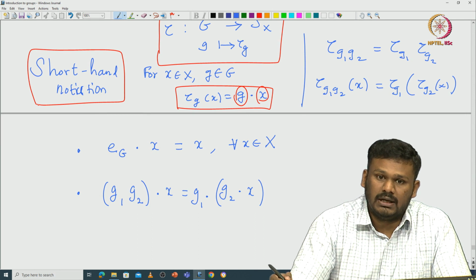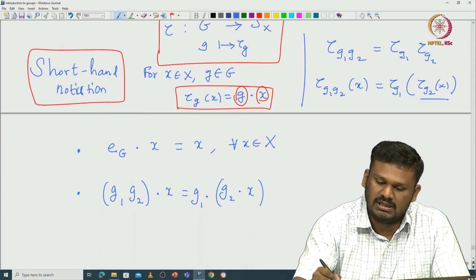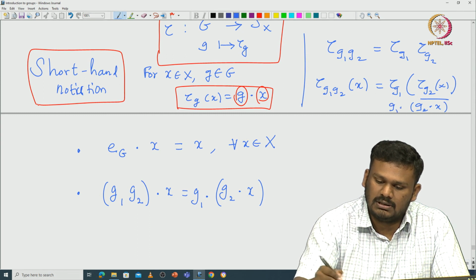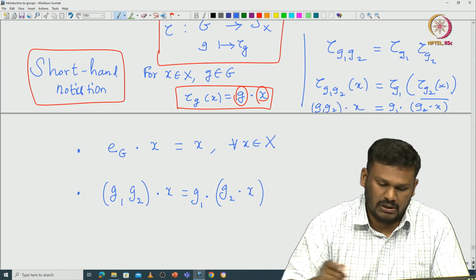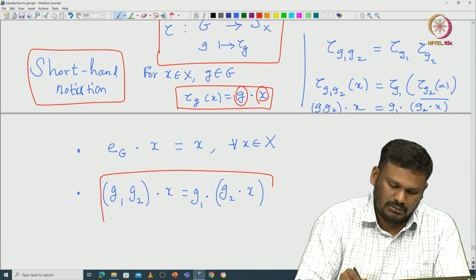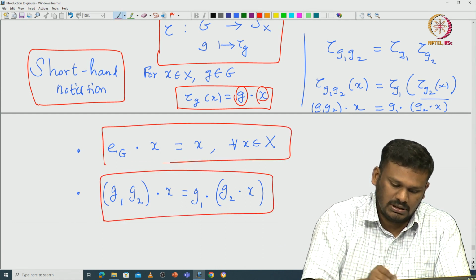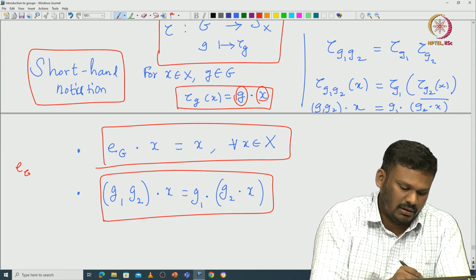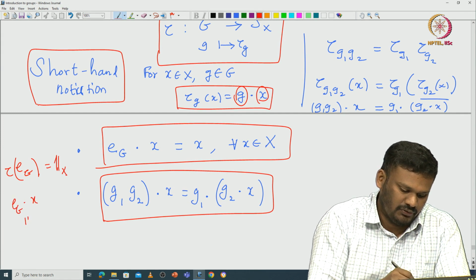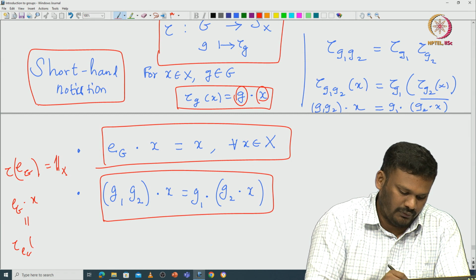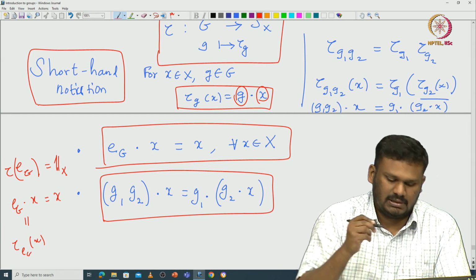Okay. So, if you write using this shorthand notation, this is g2 dot x and then g1 dot that, which is the same as g1 g2 dot x. Okay. So, that is what I have written here. And here, this is the identity. The identity mapped by tau is the identity of X. So, e dot x, which is tau e of x, is just x.